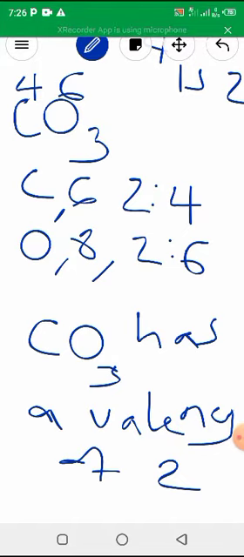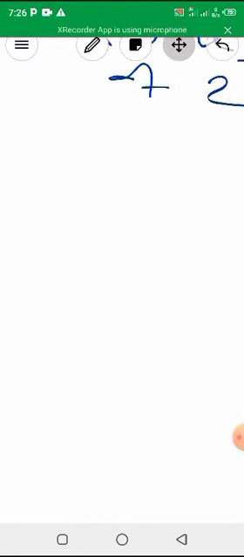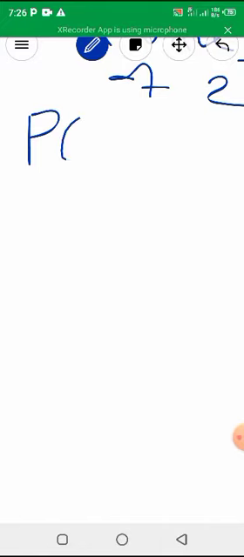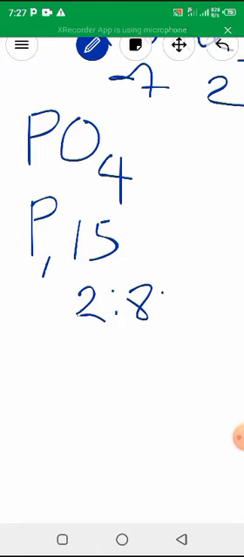Okay. Let's talk about the valence of a phosphate, PO4. Phosphorus, its atomic number is 15. Configuration is 2, 8, 5, meaning that phosphorus is in group 5.